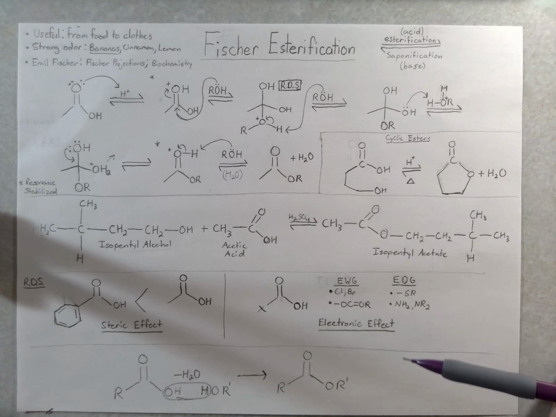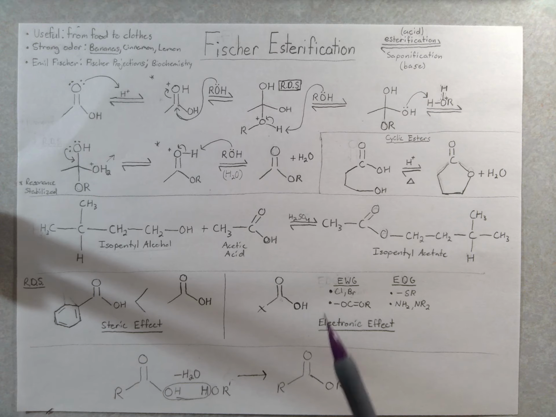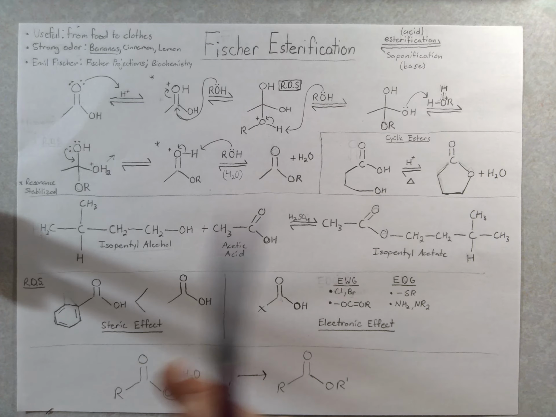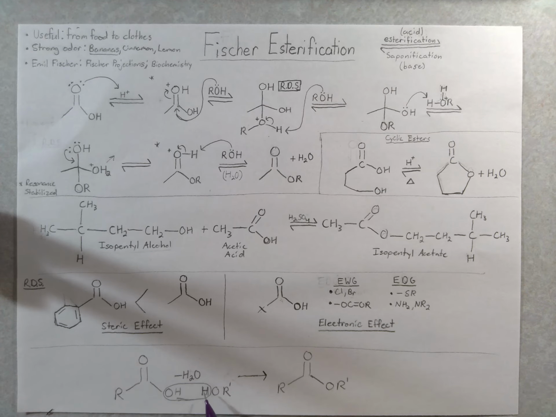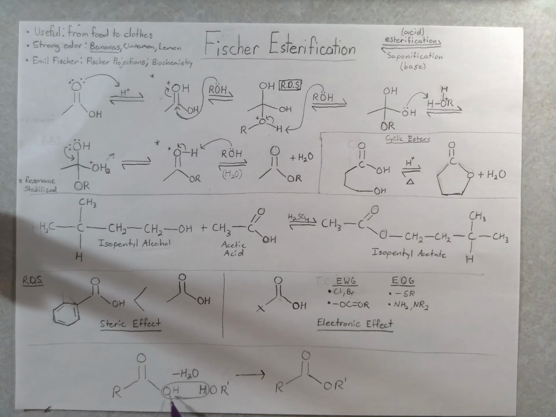And finally, I'll leave you with a quick tip if you're having trouble visualizing the product of a Fischer esterification process. You just draw out your carboxylic acid with the hydroxyl group over here on one end, and draw your alcohol here on the other end with the acidic proton of the alcohol facing the carboxylic acid hydroxyl group.